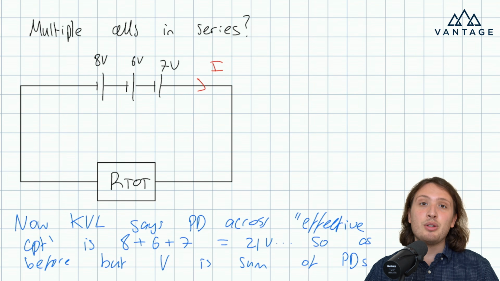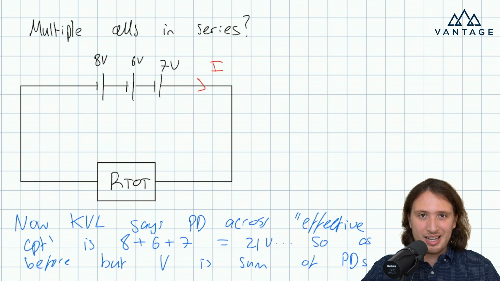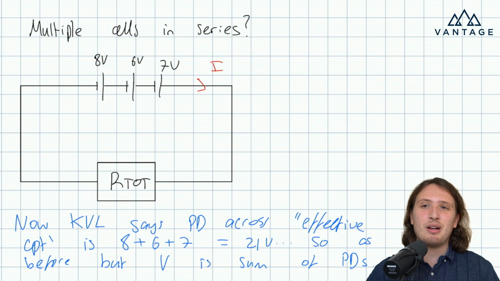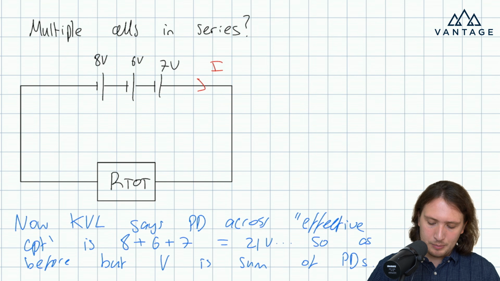So I can still use V equals IR on the circuit, so to speak, but now V is not going to be the potential difference of an individual cell, but rather 8 plus 6 plus 7. Now, of course, another way to think of this is that really when we connect cells in series, it is always really as if we're using a single cell whose potential difference is their sum.